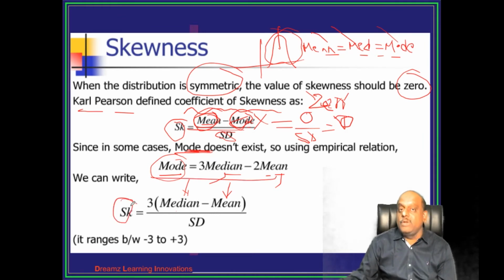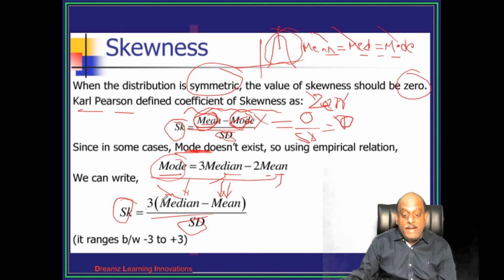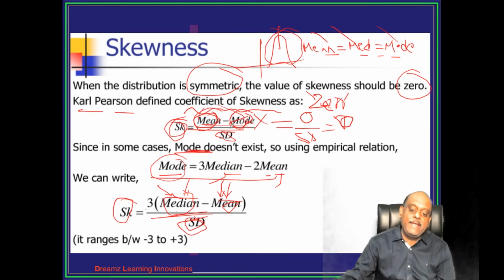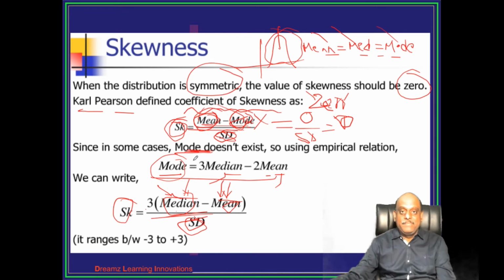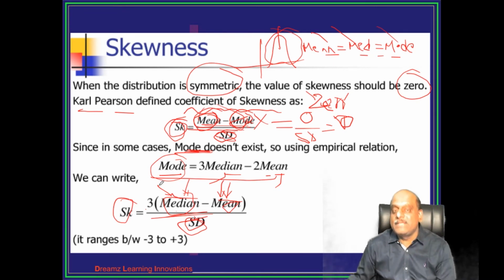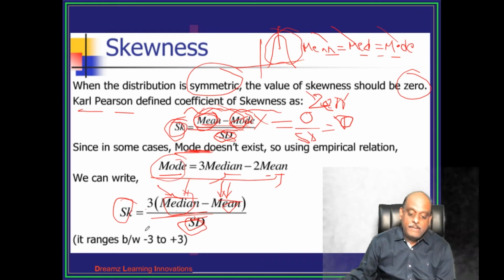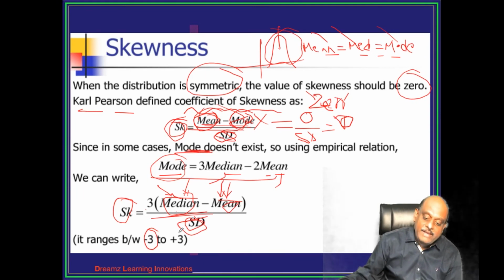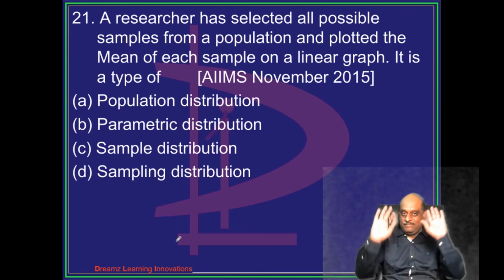So the skewness coefficient is 3 into median minus mean by standard deviation. Or if the mode is given, skewness coefficient is equal to mean minus mode by standard deviation. This is how you approach it. And the value of Pearson's coefficient will be between minus 3 and plus 3. That's what you should understand.